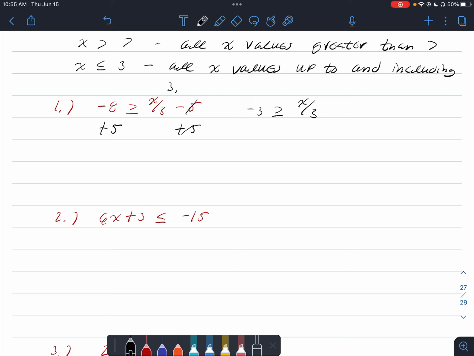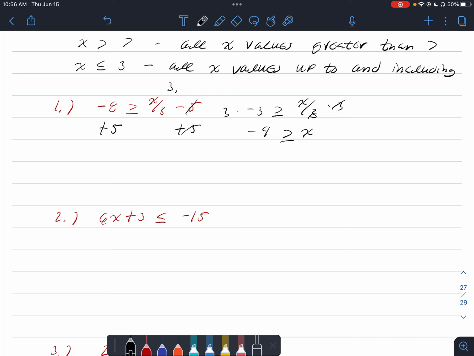Now we multiply both sides by 3, and we end up with -9 is greater than or equal to x. So we're looking at all x values that are less than or equal to -9.